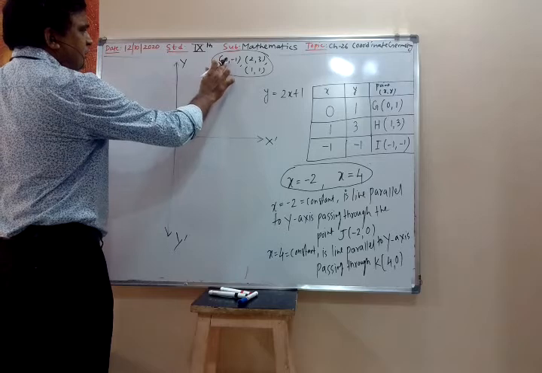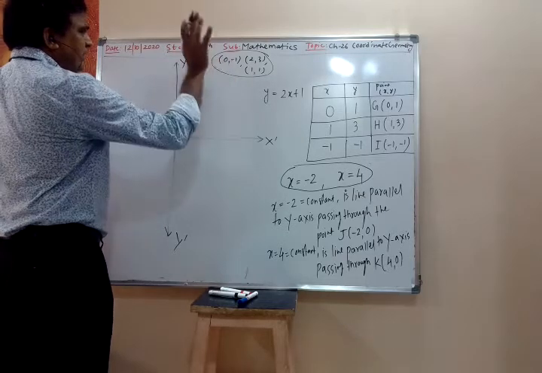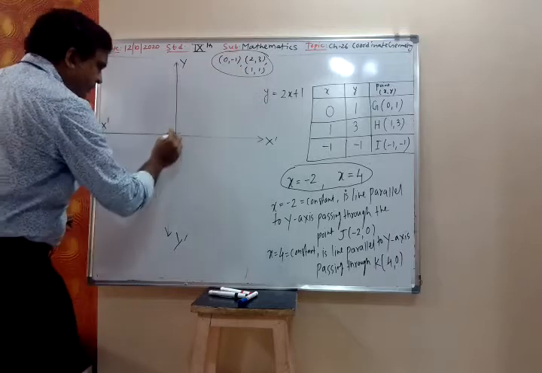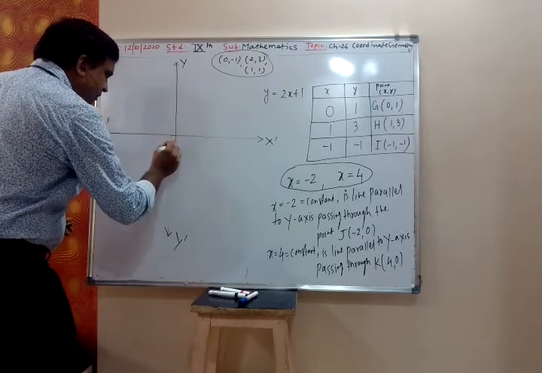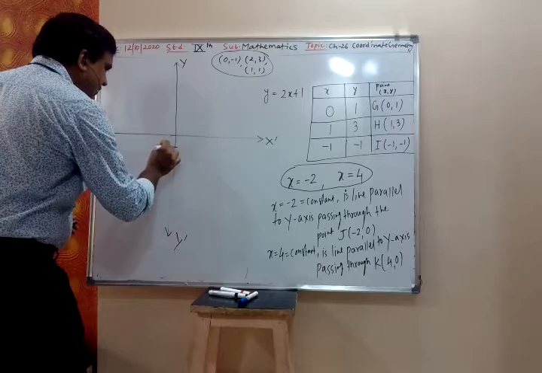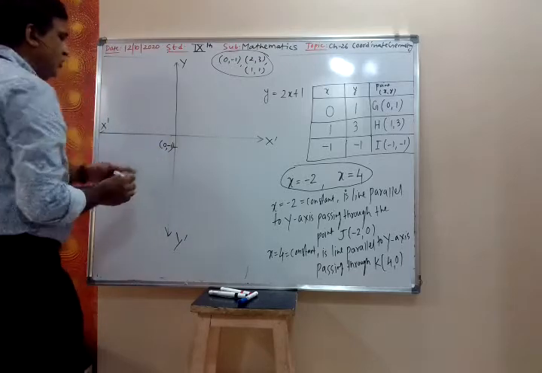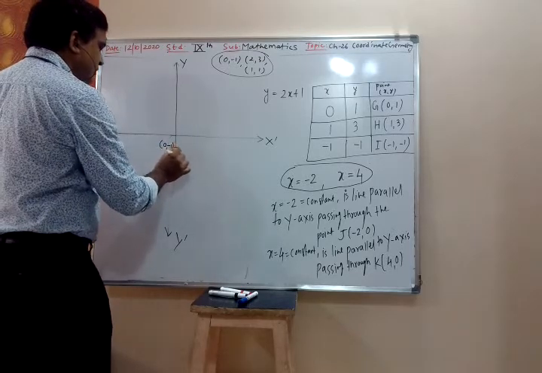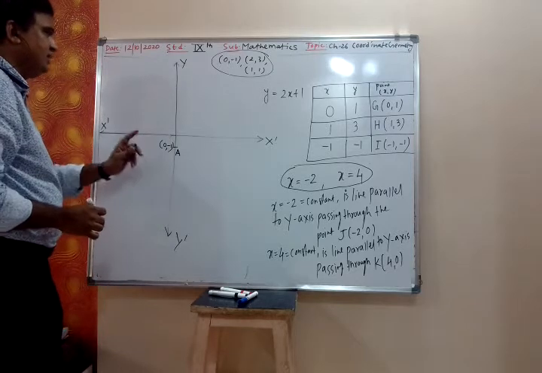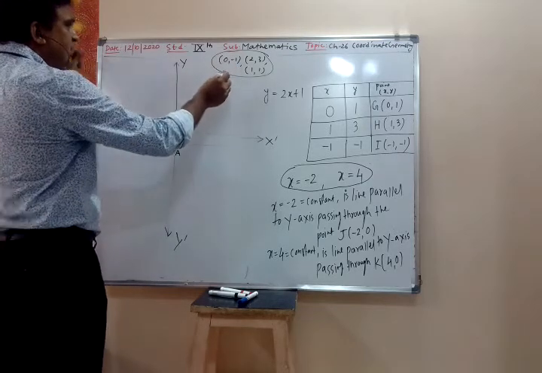X coordinate is 0, so it is a point on the y-axis, but y value is negative, so it will be downwards. It will be 0 comma minus 1 somewhere here. Then 2 comma 3.